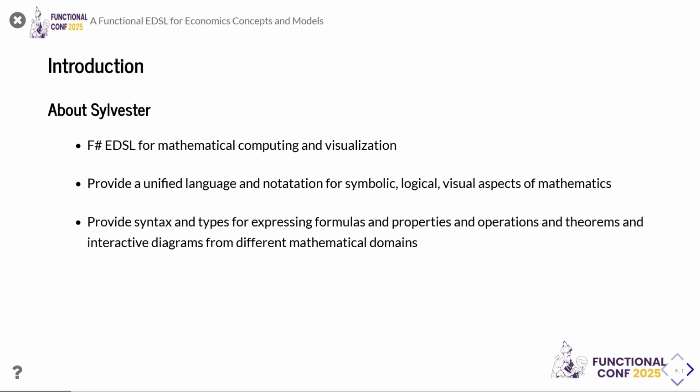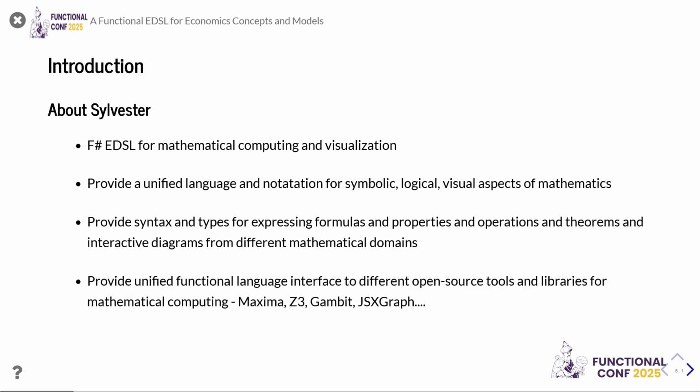Right now, software for mathematical computing is split between theorem provers, computer algebra systems, and visualization libraries. So the idea of Sylvester is to have a common language and a common notation for these different aspects.